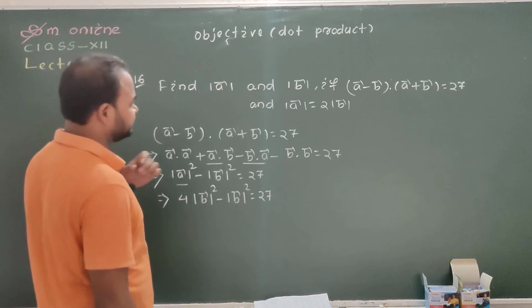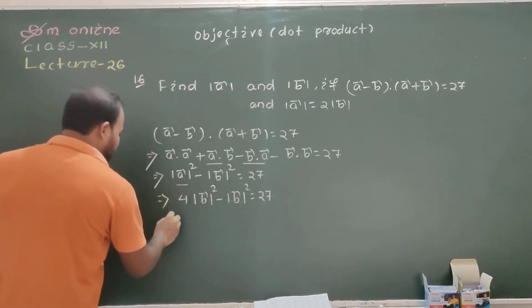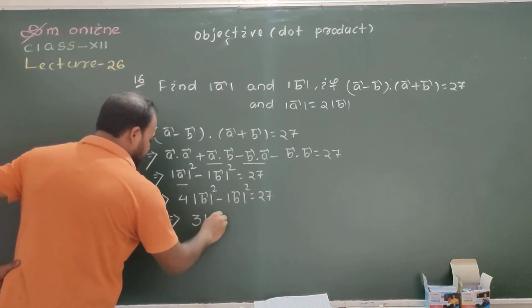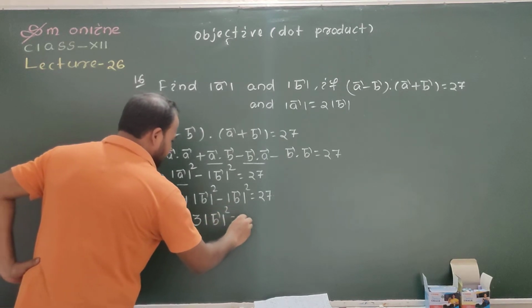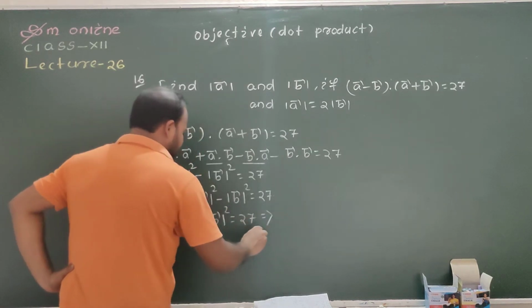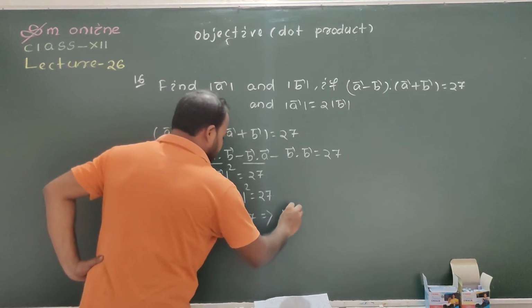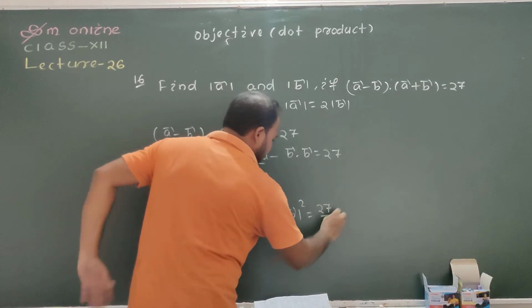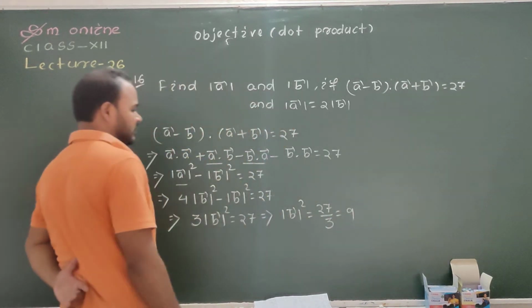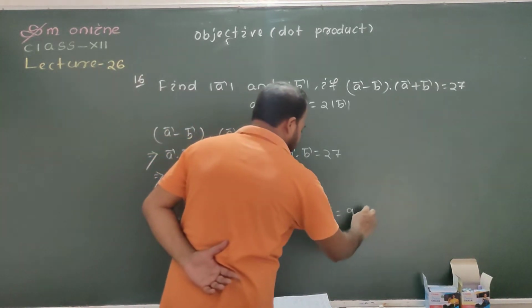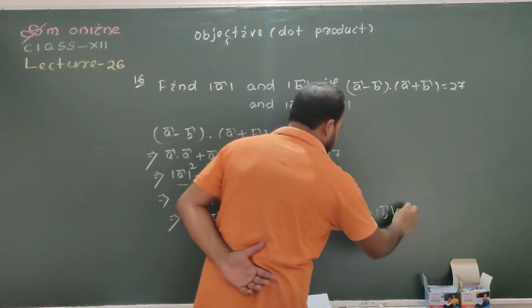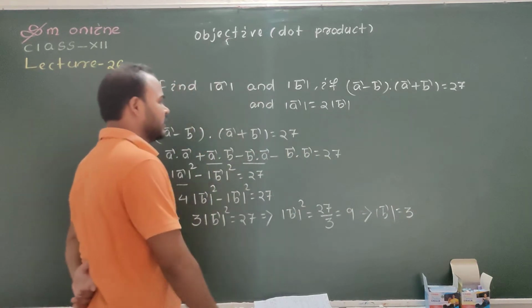Here this is equal to 3 into magnitude of vector B square equal to 27, which implies magnitude of vector B square is equal to 27 upon 3, which is 9. So magnitude of vector B equal to 3.